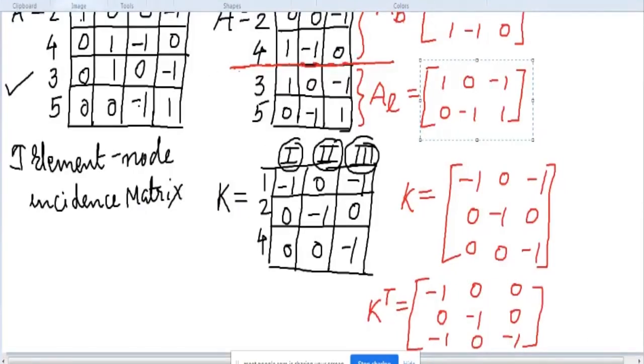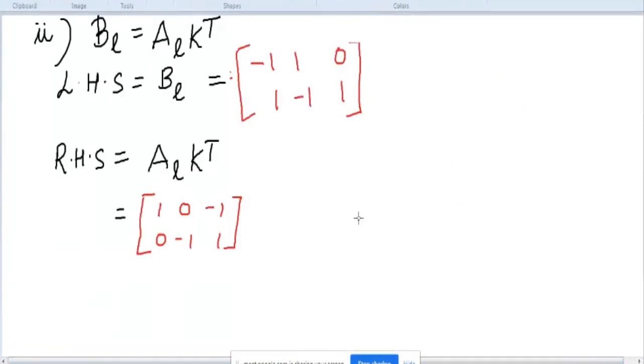So these two we had already calculated previously. So we will substitute both these values from their respective positions. K transpose.